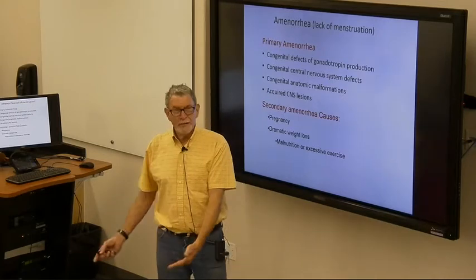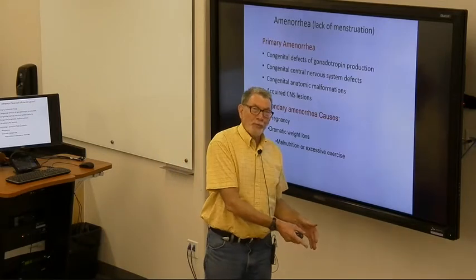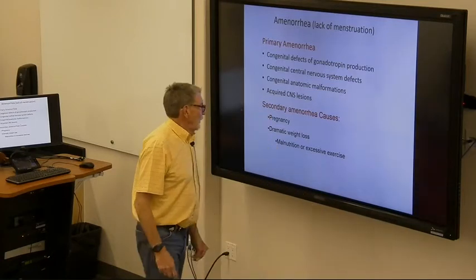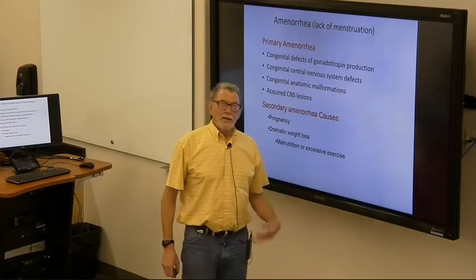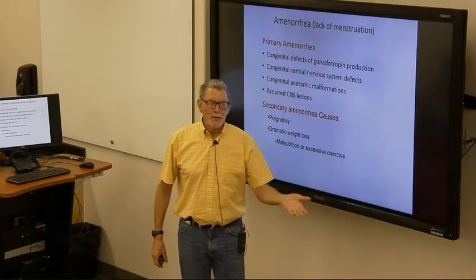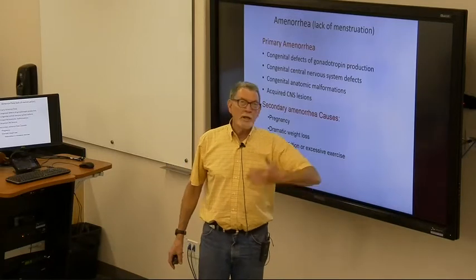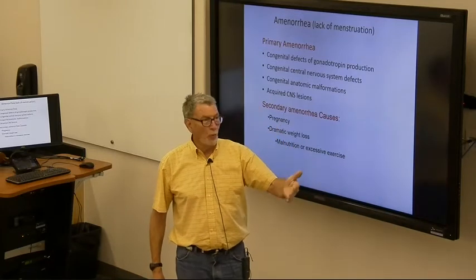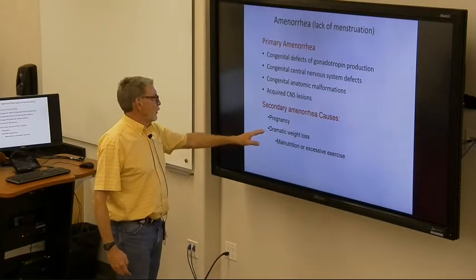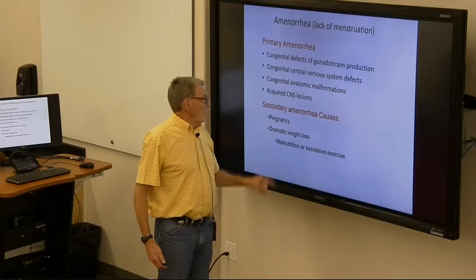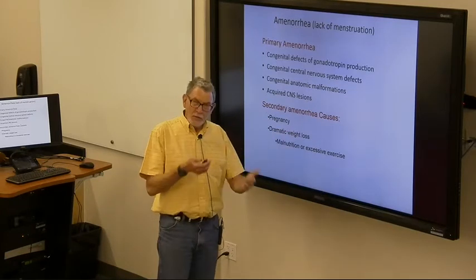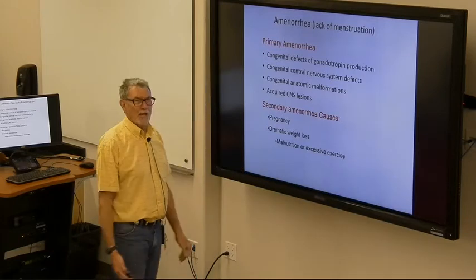Morbid obesity, anorexia nervosa, being way too heavy, way too light. Excessive exercise. It's not uncommon for Olympic female athletes to stop menstruating as they train ridiculously hard for and during the Olympics. Dramatic weight loss, anorexia. A lot of times anorexia nervosa and excessive exercise kind of go hand in hand to produce amenorrhea.